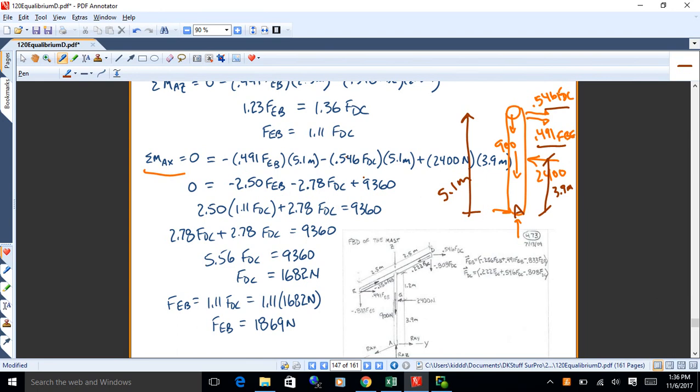And that's counterclockwise, so it's positive. And then it's just a matter of collecting terms and doing a substitution. So I'm putting in that 1.11 FDC in for FEB, and that allows me to solve for FDC, and then I can multiply that by 1.11 and I'll get FEB, which is 1869.